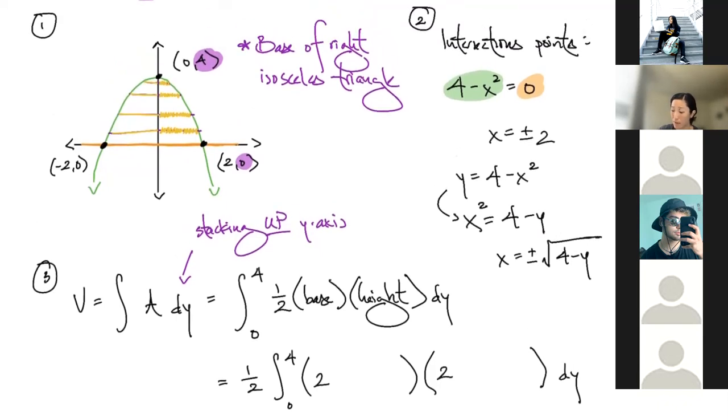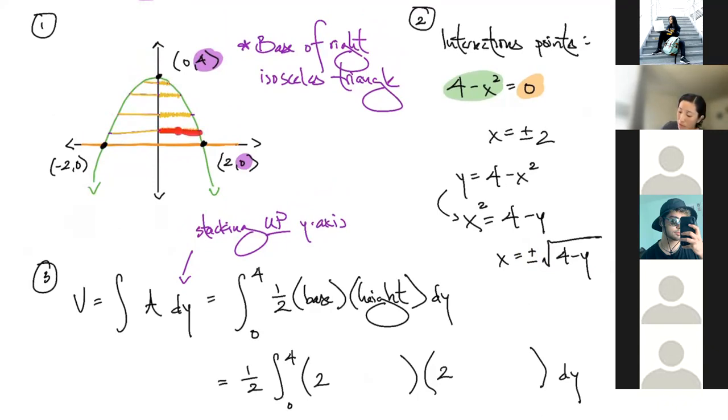The plus part, the plus square root of all of that, gives us the right half. The negative square root gives us the other half. And so that's how together we use two equations to help us define that parabola.